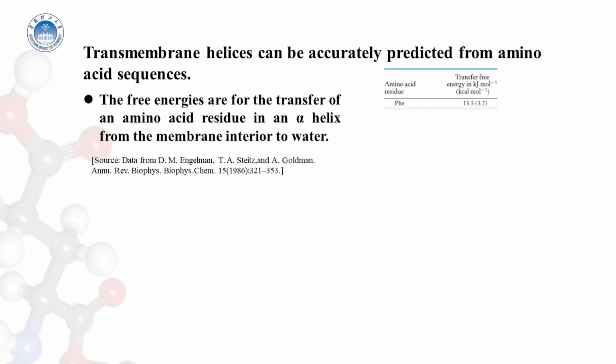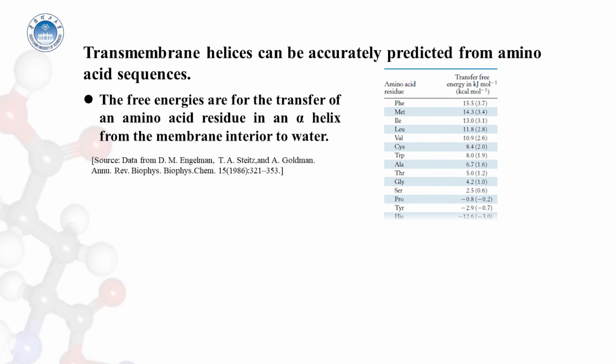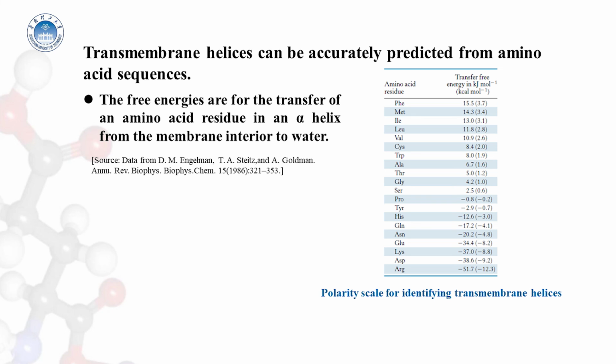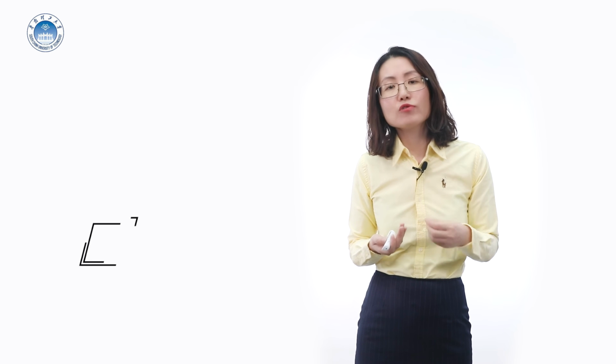Free energy changes for the transfer of individual amino acid residues from a hydrophobic to an aqueous environment are given in the table. The hydrocarbon core of a membrane is typically 30 angstroms wide, a length that can be traversed by an alpha helix consisting of 20 residues.